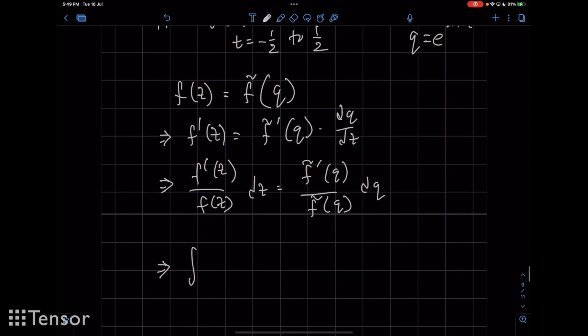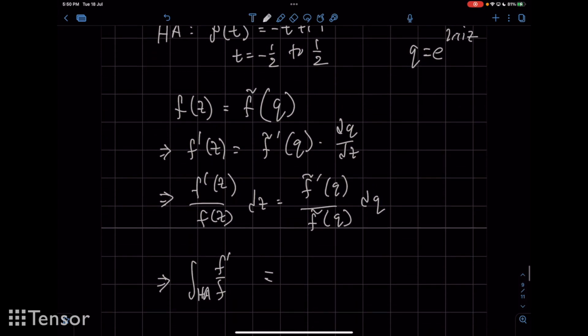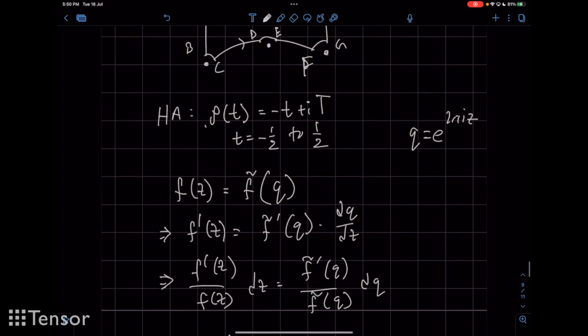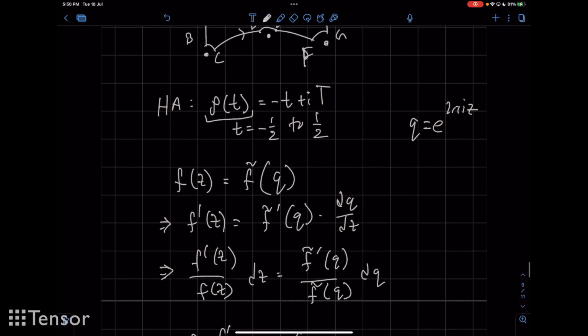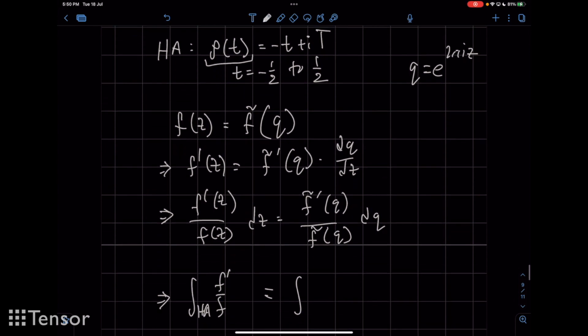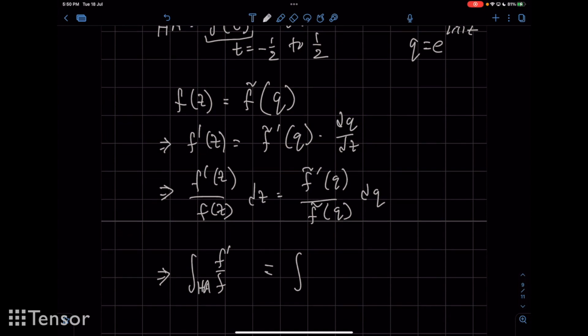Integrate over HA, f prime by f is equal to the integral over, well, HA is essentially this, like rho of t. And this is the integral of f tilde prime over f tilde. And this, what is this integration contour? This is just q of rho of t, right?